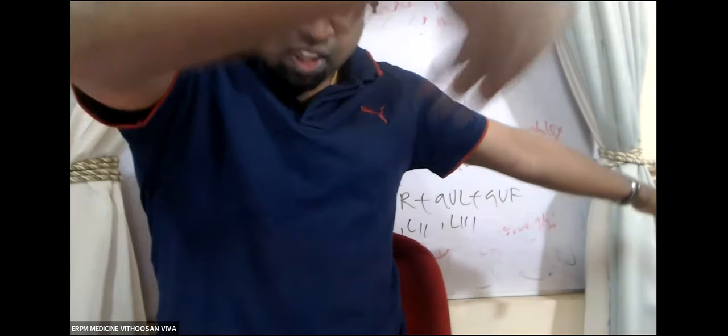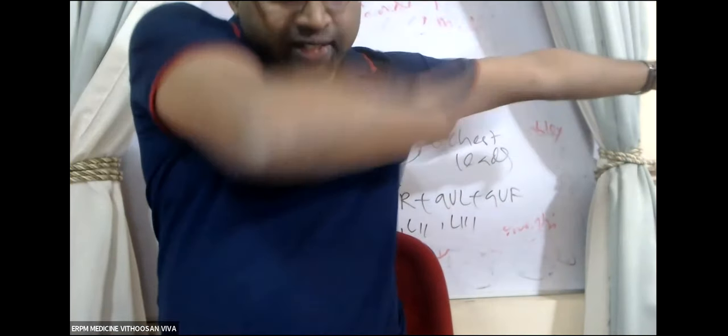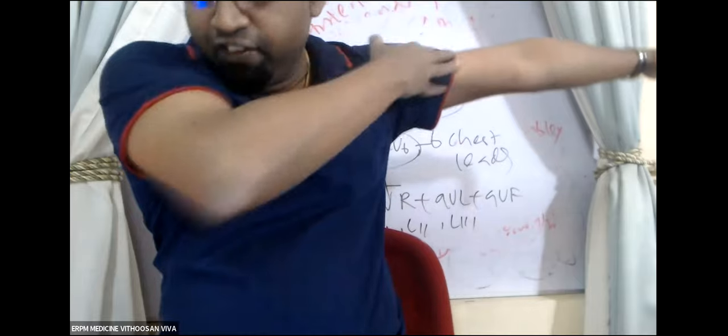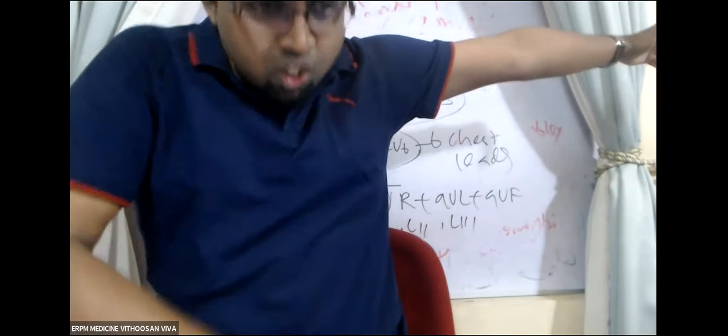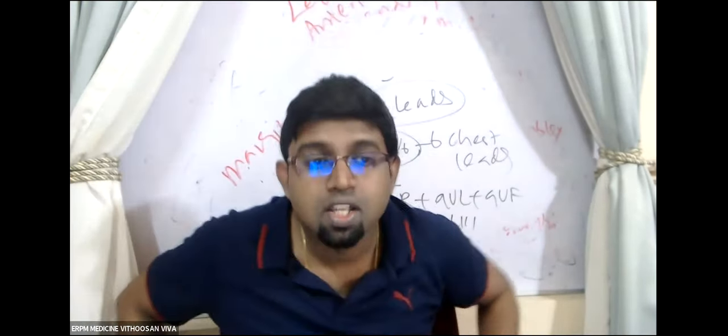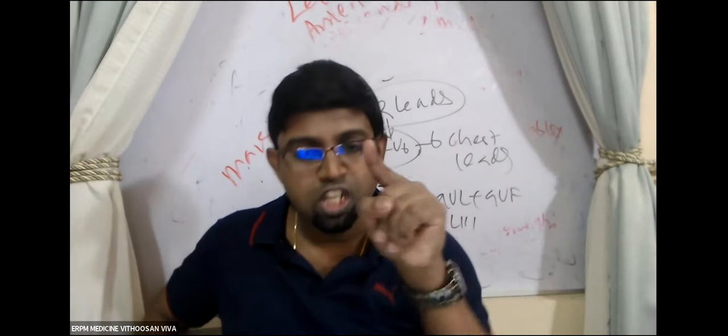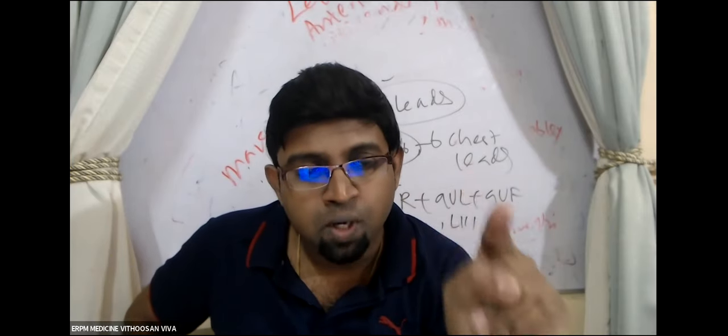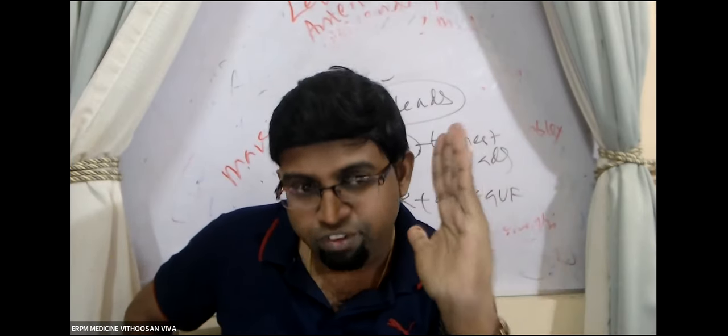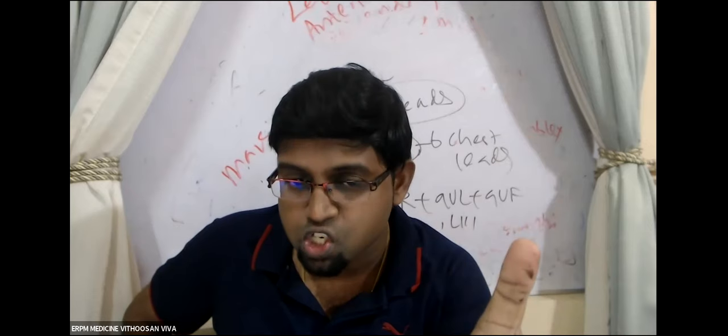Your V1, V2 look like this, your V3, V4 like this, V5, V6 like this, lead 1 and AVL like this, and lead 2, 3, AVF look from down. These 12 leads will be able to pick up the problem from the area they are looking at.